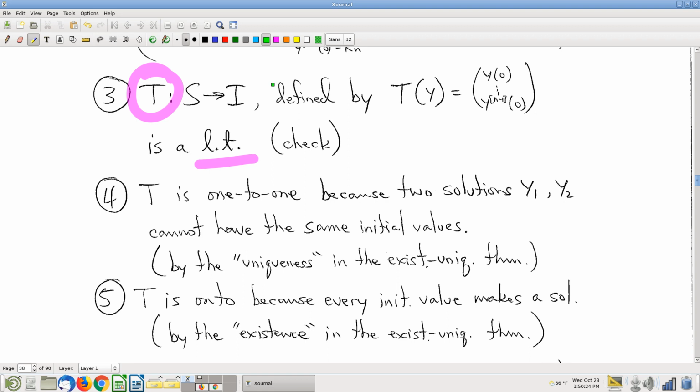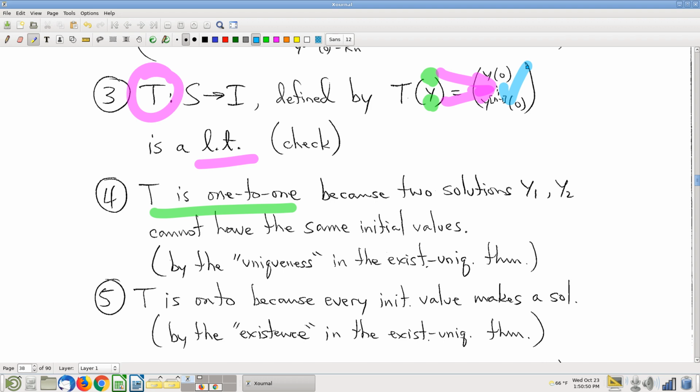So, how do I know that T is 1-to-1? How do I know that I might not have two different solutions that still always give the same initial values? Right? How come that couldn't happen? Why can't we have two different solutions? Why can't we have two different inputs with the same output?